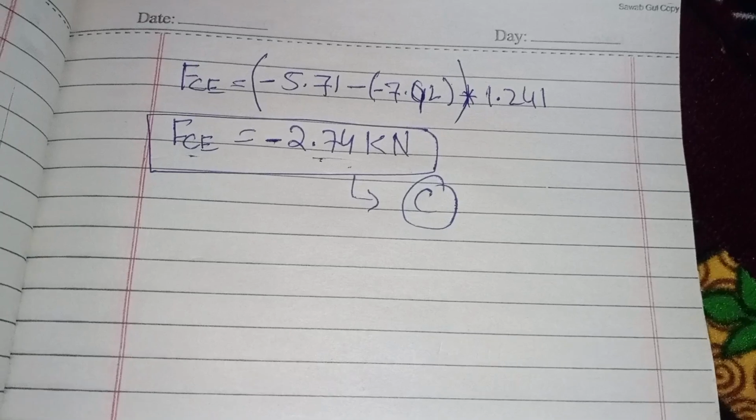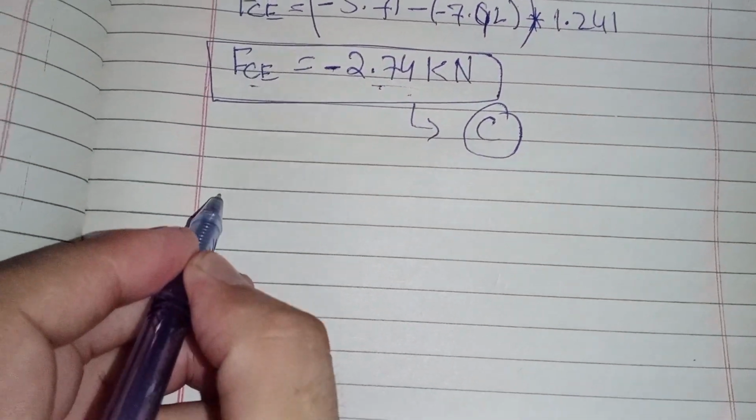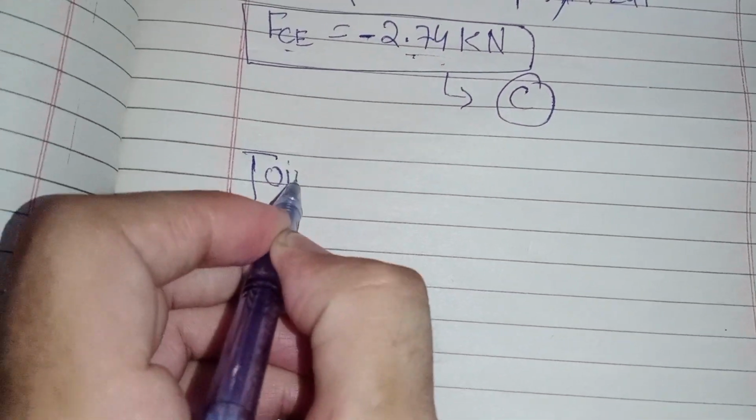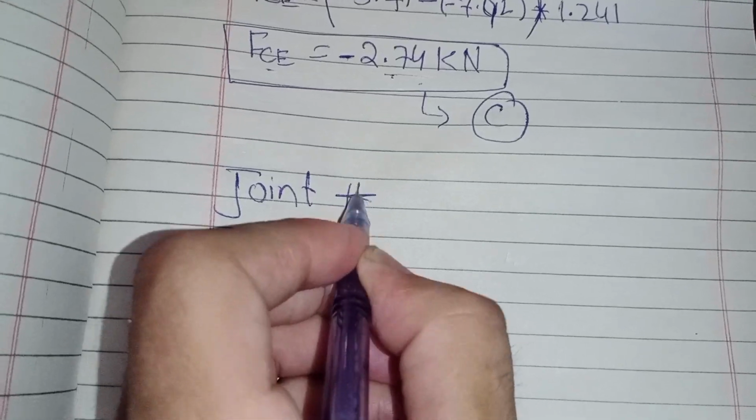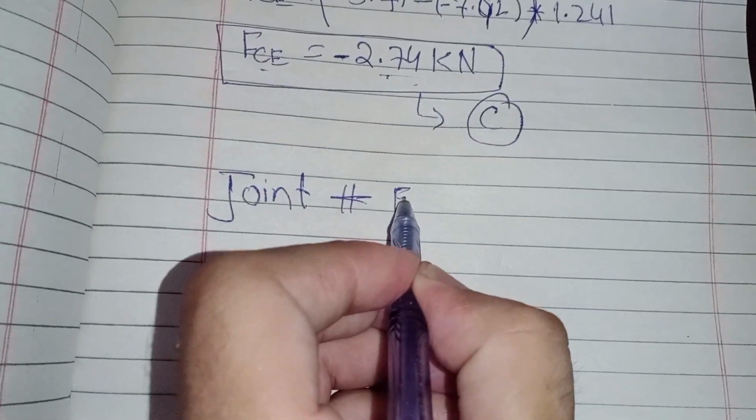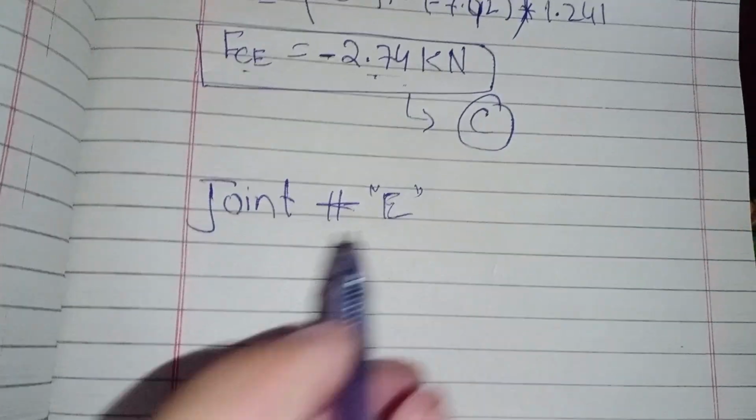Okay, now I want to take joint E to find the force in member BE.